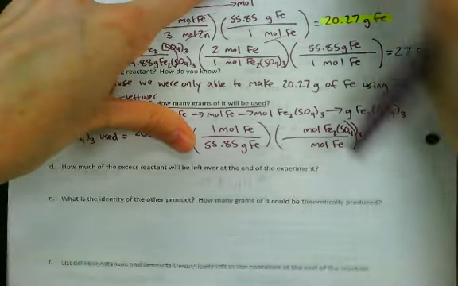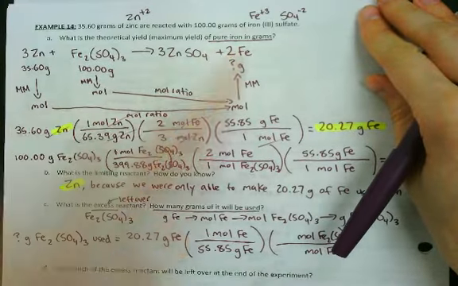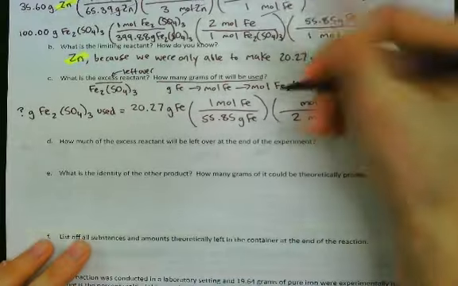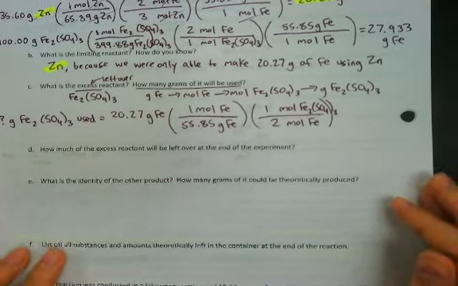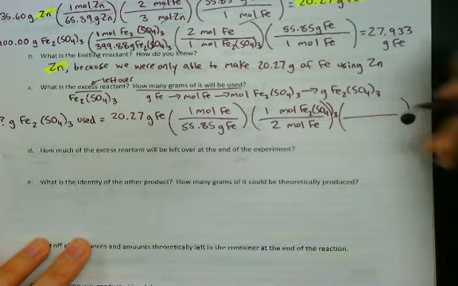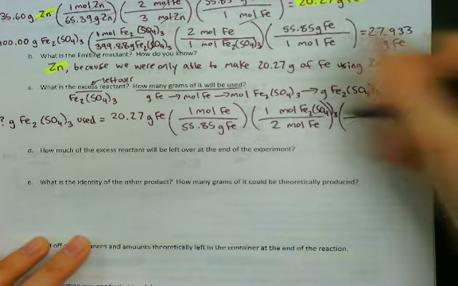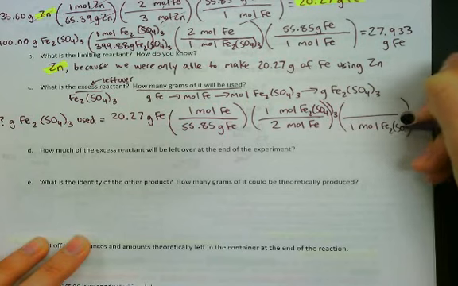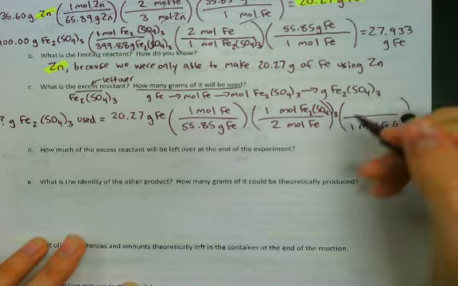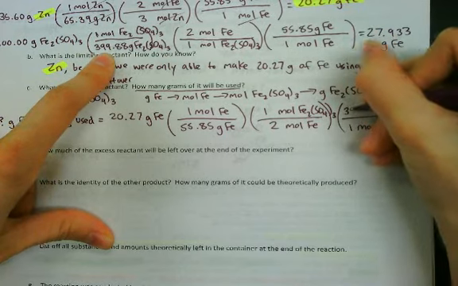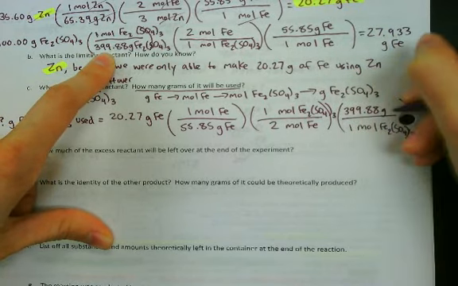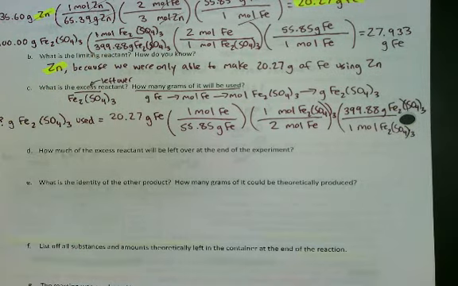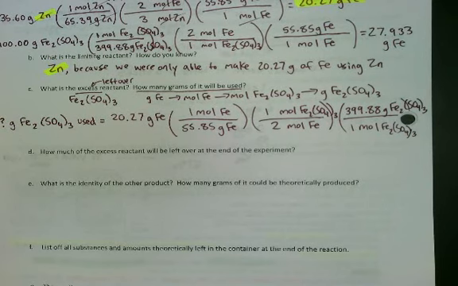So we know, for every 2 moles of iron, we had to put in 1 mole of iron 3 sulfate. Okay? And then last but not least, 1 mole of iron 3 sulfate is equal to 399.88 grams of our iron 3 sulfate. So there's our dimensional analysis here.